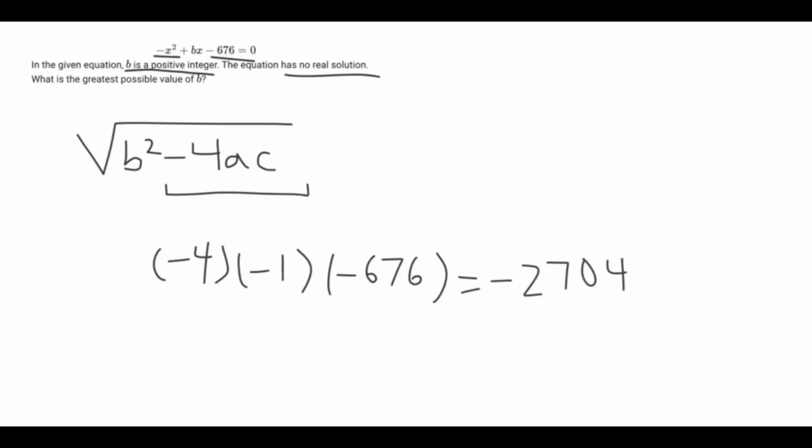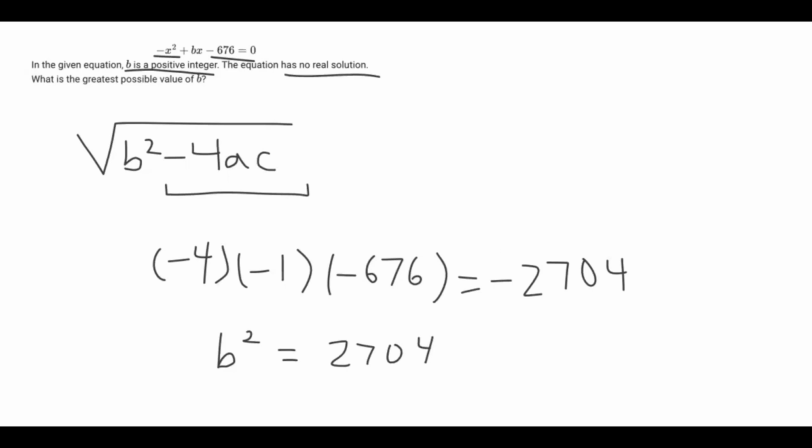So as we talked about before, the value of b squared has to be less than 2,704, but it has to be the greatest possible value. So what we can do is set b squared equivalent to 2,704. Not negative 2,704, because this has to be a positive value in order to be subtracted, right?